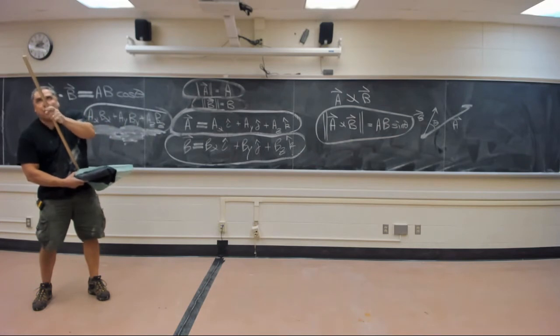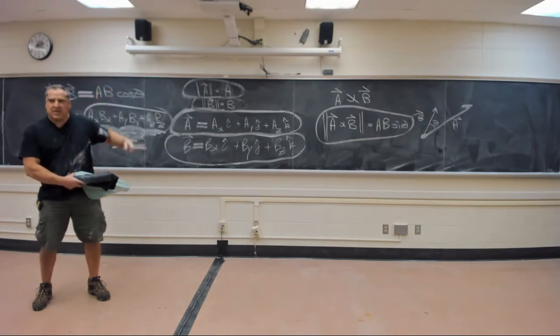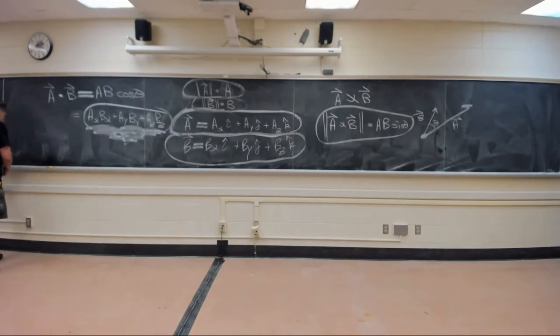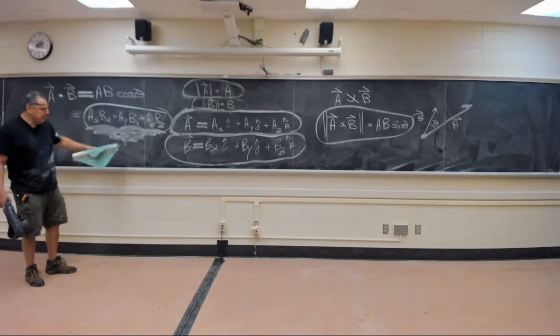I can find the coordinates of the endpoint at the very tip of that vector, if I know the coordinates of these vectors. There's some beautiful mathematics that gets involved in that, just like there was beautiful mathematics involved right here.